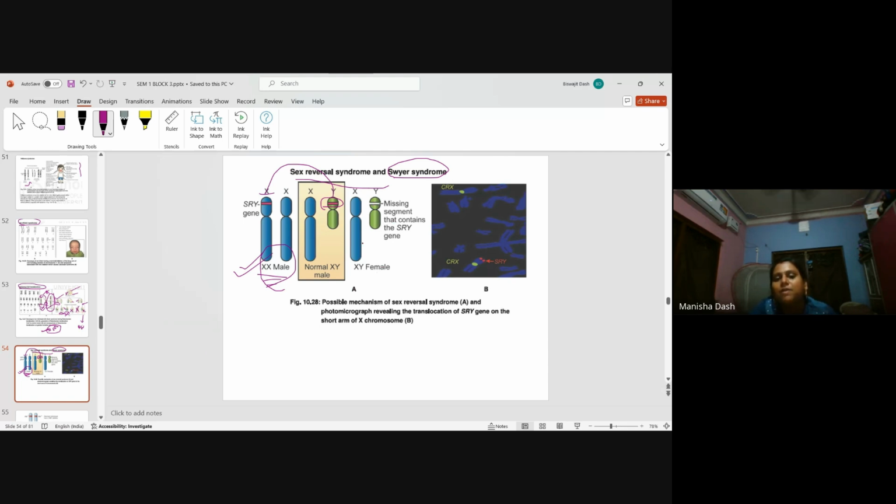The XY, in spite of having the Y chromosome, due to absence of the SRY region, will develop as a female. So this is what is called sex reversal. Being XY, it will become a female due to absence of the SRY region, and being XX, due to presence of this Y region because of the translocation, it will develop as a male.